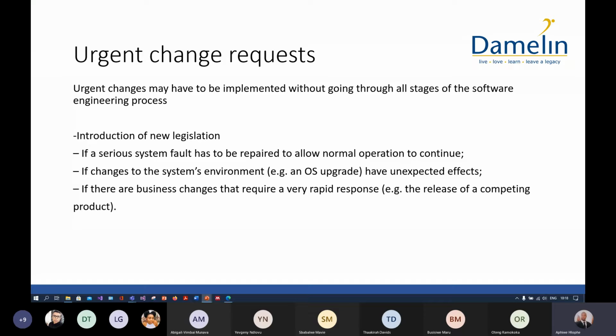So we need to address that, and that's something that's urgent. If there are business changes that require a very rapid response, for example, the release of a competing product. So yes, these are business changes, and this could even happen with a new competitor and so forth, and you need to adjust rapidly to that.